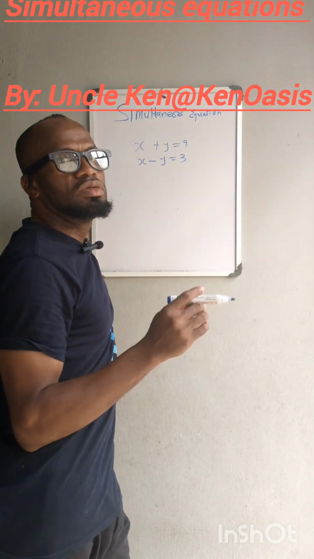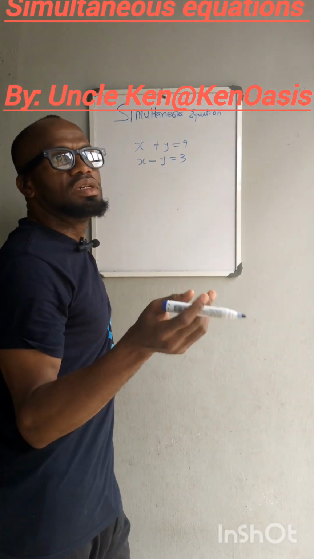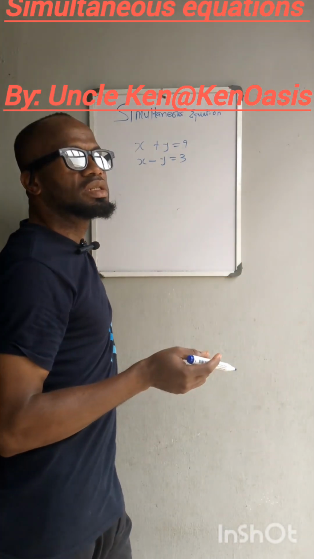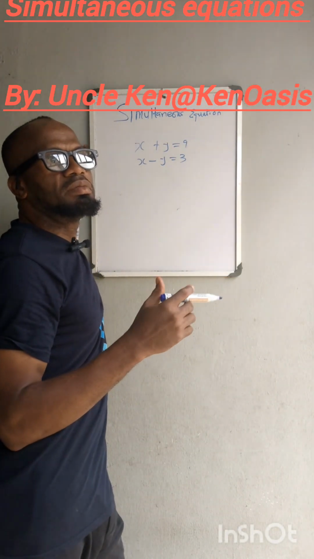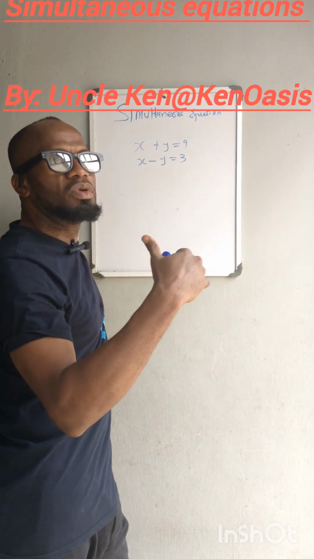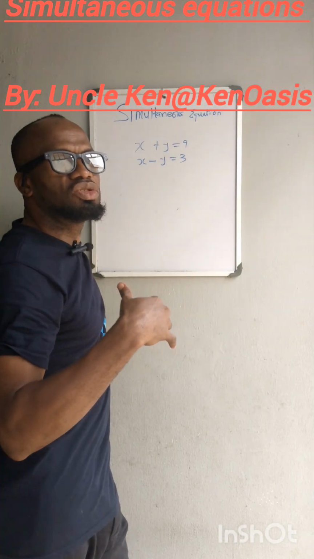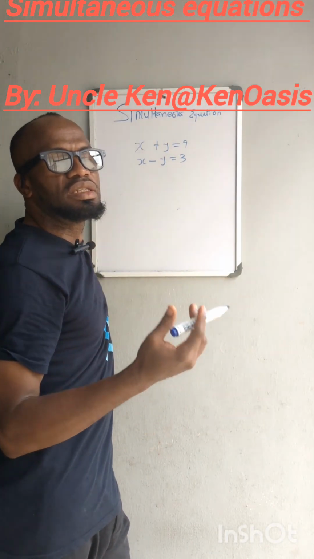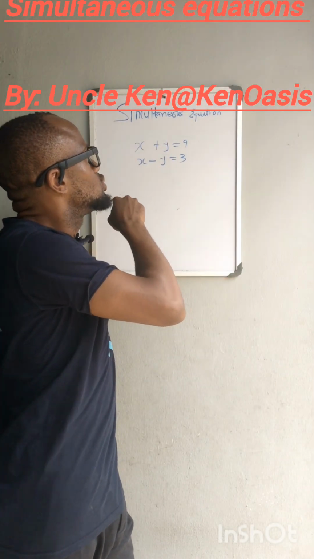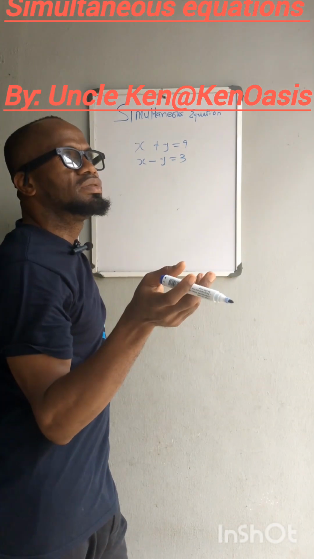So I will do the first method first, then later I will do the method that we will use if it is in the theory part, because in the theory part, mathematics is usually marked stepwise. It is not actually the answer, but the stepwise with which you got the answer that gives you marks. So for example, this question is given to you in the objective.